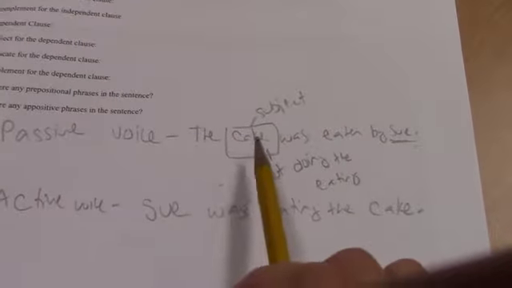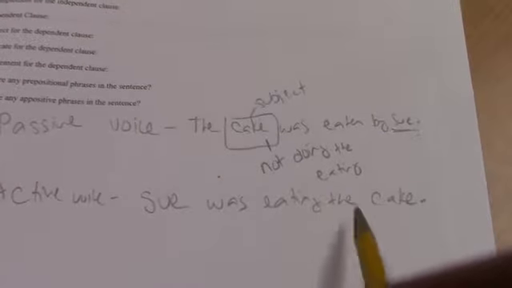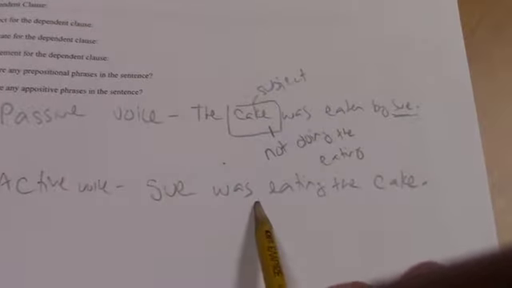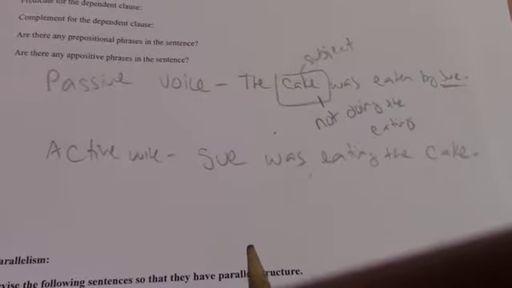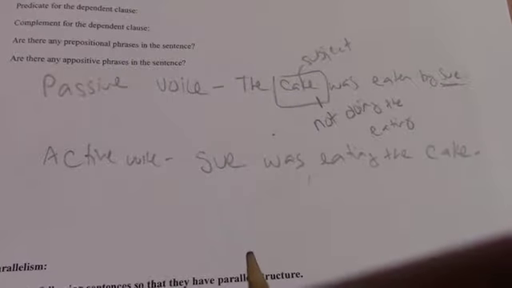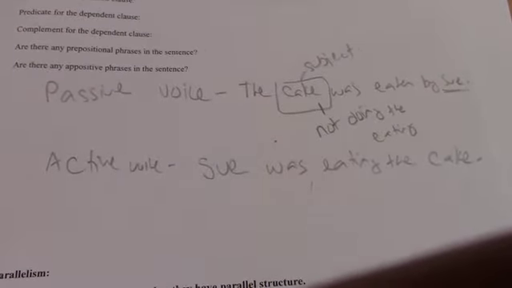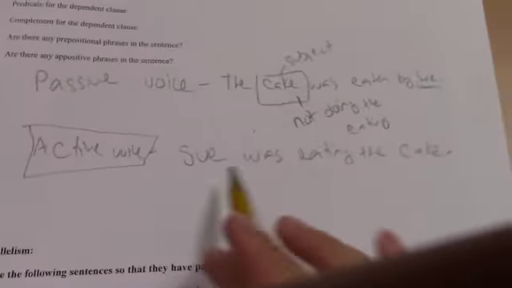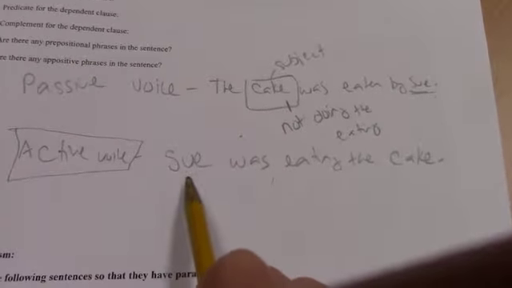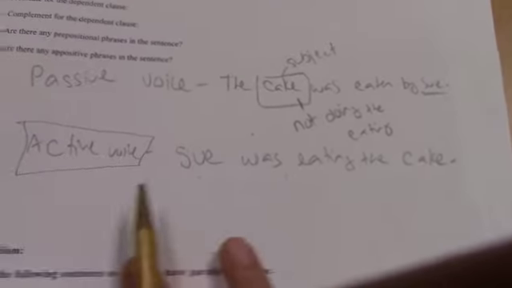Notice, the cake was eaten by Sue versus Sue was eating the cake. Sue was eating the cake is a lot cleaner, and it usually makes for better sounding, more sophisticated writing. So when you're writing, you want the subject doing the action.